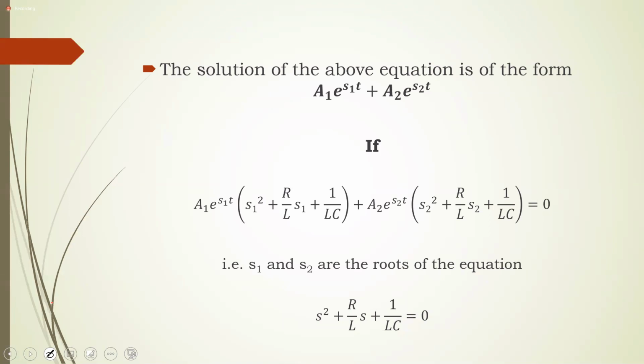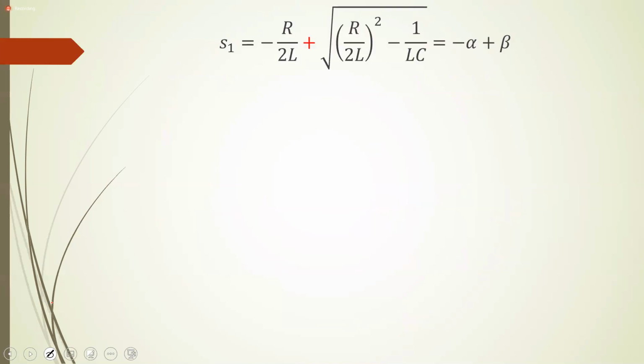The roots of this equation, S1 and S2, we're using the quadratic formula, that's minus B plus or minus the square root of B squared minus 4AC over 2A. That's the equation we're using.